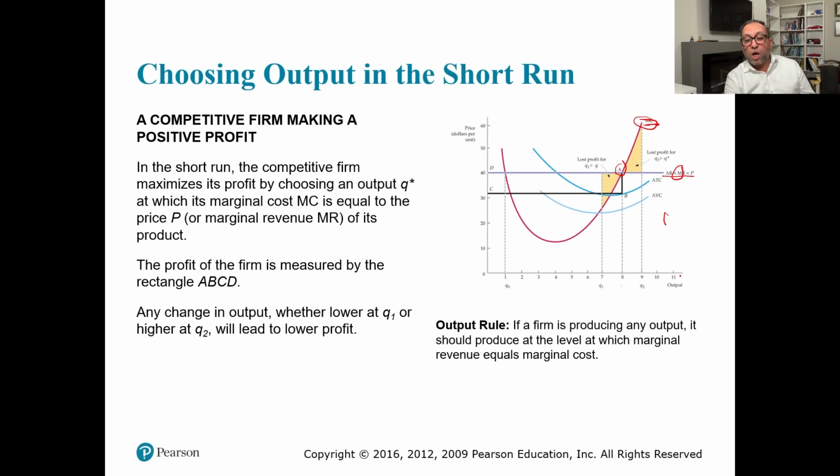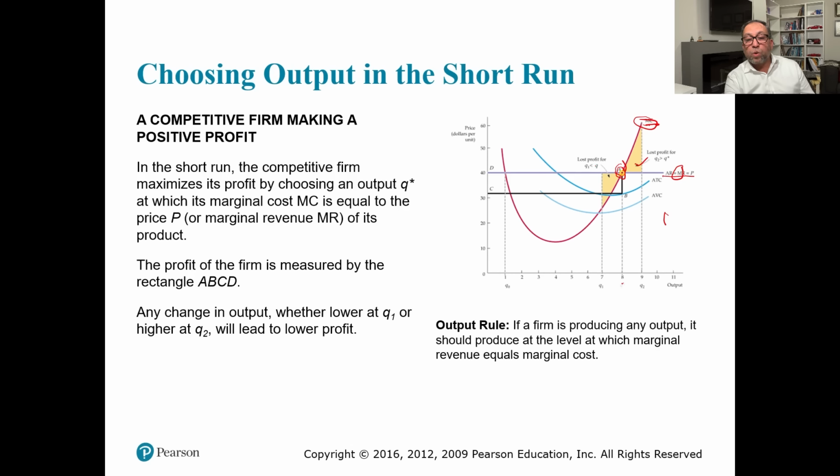Above this point, or if we go further beyond this point, then the cost is higher than the revenue. So that again is a loss of profit for the firm. So this is the ideal position where it is equal.